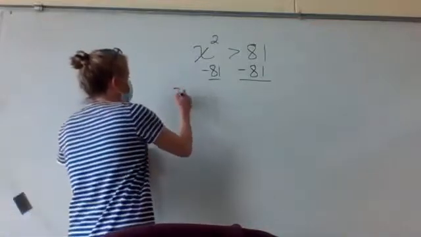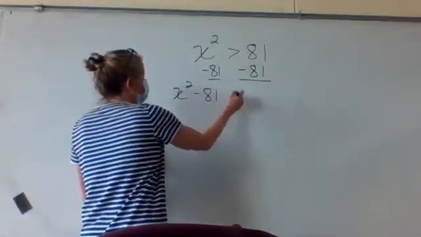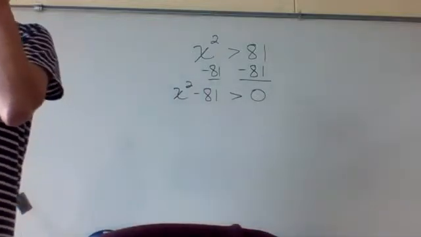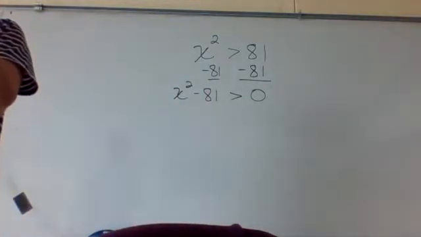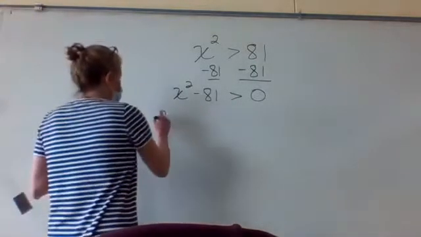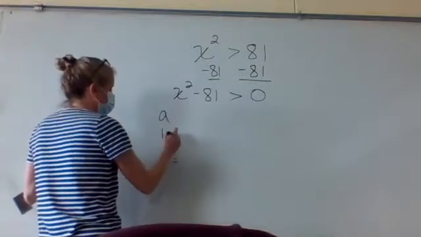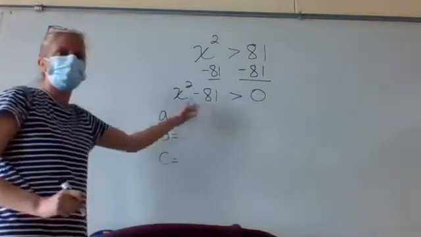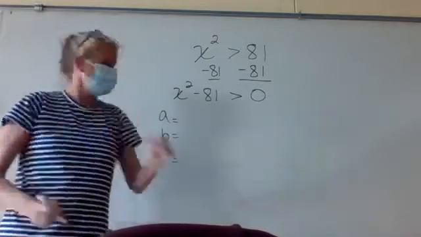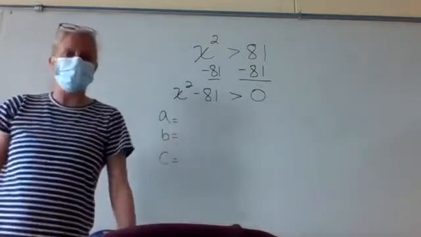So over on the left, I'll have x squared minus 81 is greater than 0. Now, when you put in your A, B, and C, you need to be careful with this one, right? There is a missing term, so you're going to have a 0 somewhere, right? There's only 2 terms, which means one of these is going to have to be a 0.